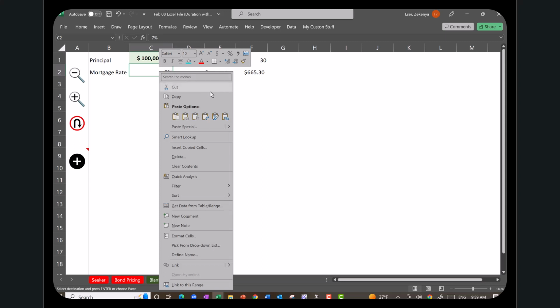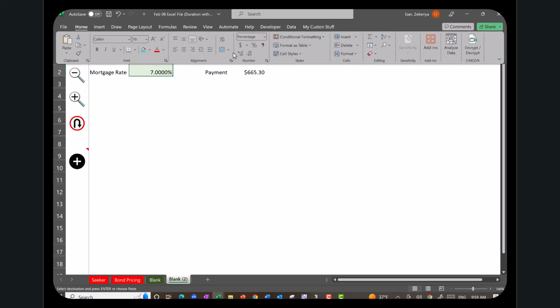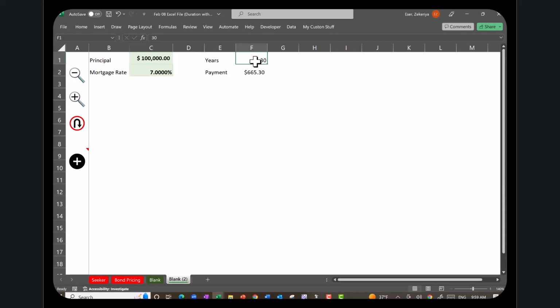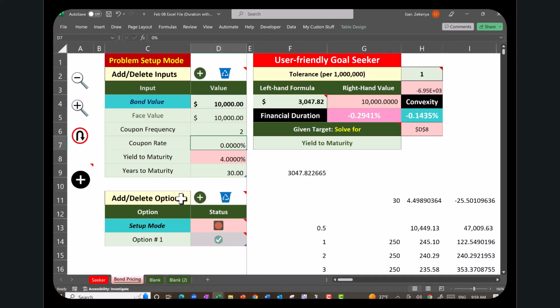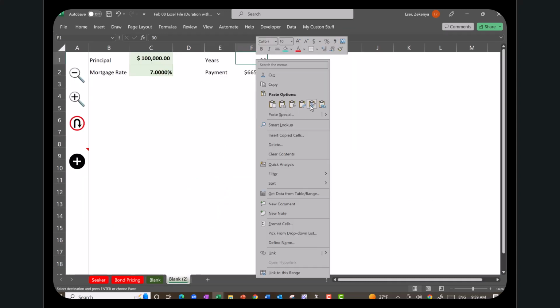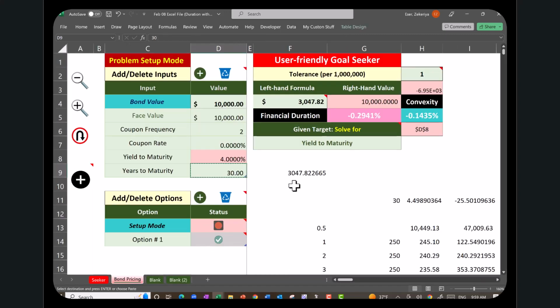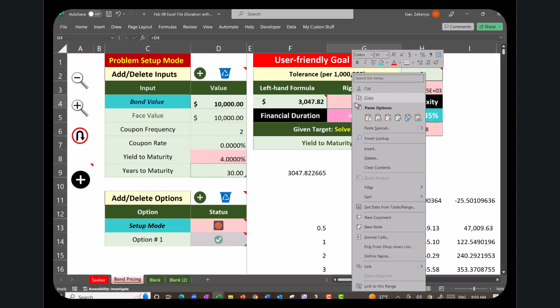You're probably thinking I'm spending too much time on that, but it's always a good idea to format your numbers correctly so you know what you're talking about. And payment is something I calculate. So I'm going to make format of that.